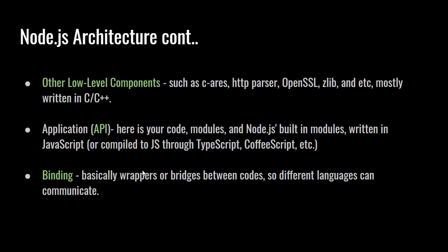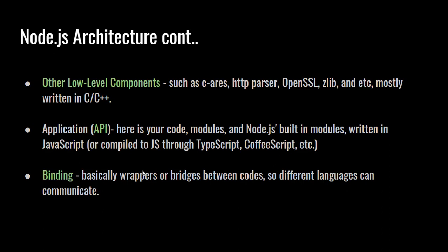compiled to JavaScript through, okay, you can compile to JavaScript through TypeScript, CoffeeScript. If we're talking about TypeScript, if you were talking about Angular and these kinds of things, they have something called TypeScript. Basically what it allows is type checking, strongly typed.